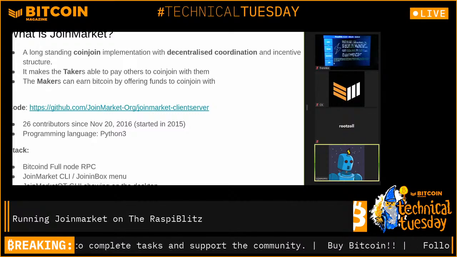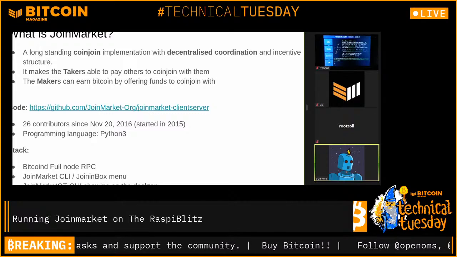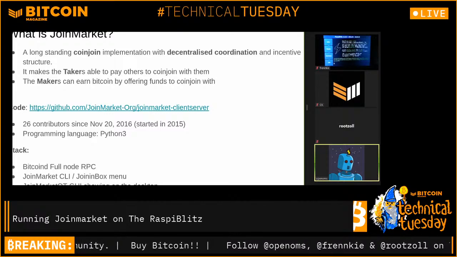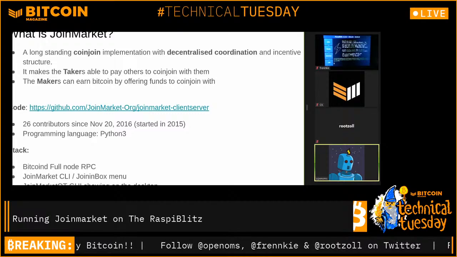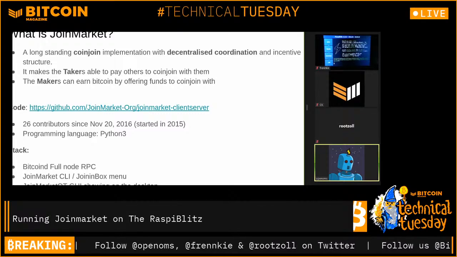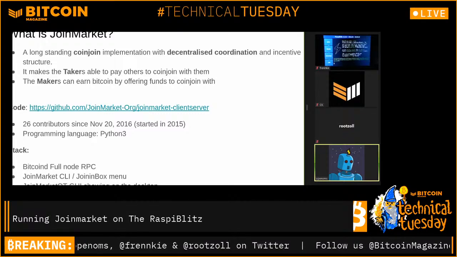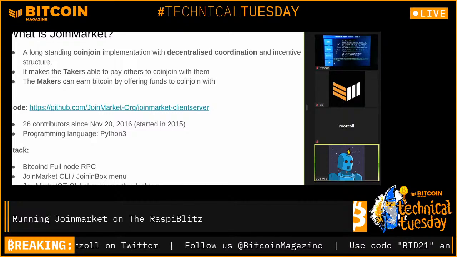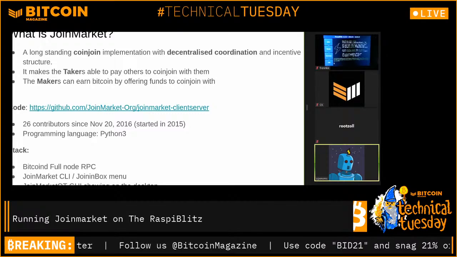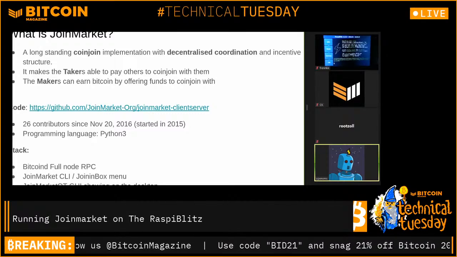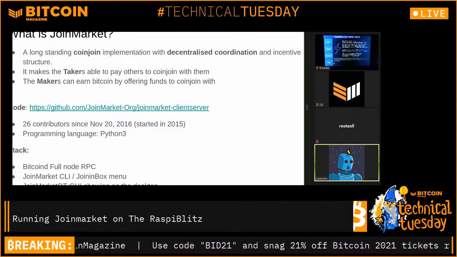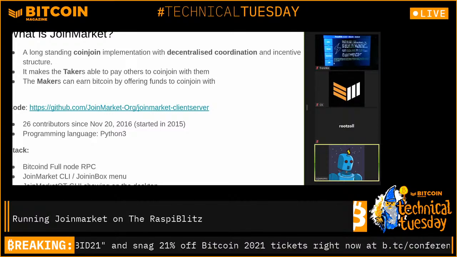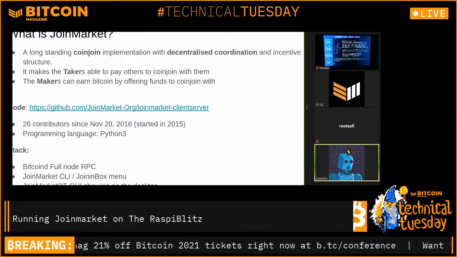Specifically, it's equal output CoinJoins that we mean when we just say CoinJoin, and it is a privacy technology: transactions coordinated between multiple participants to join their coins together so that there will be no clear connection between inputs and outputs.